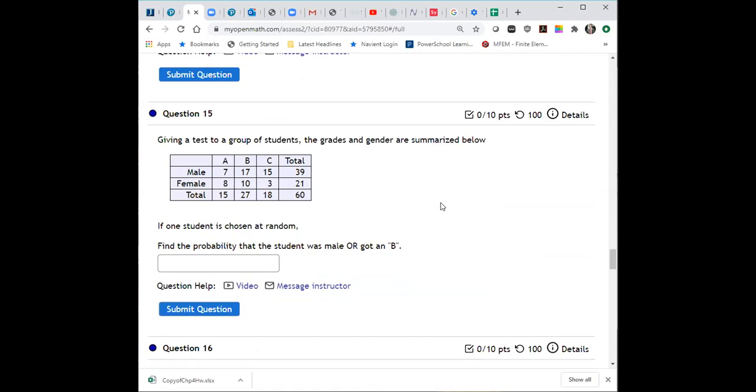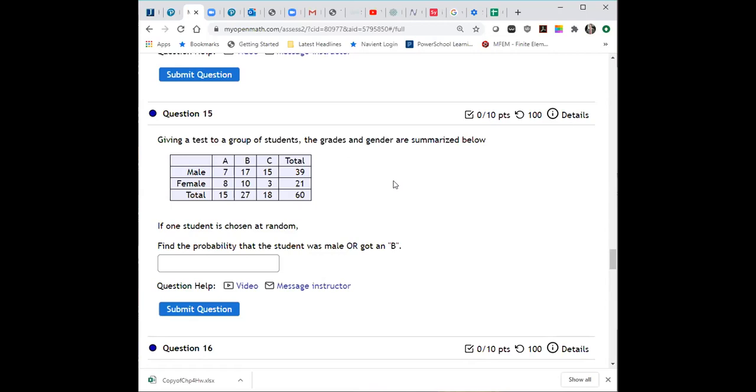This one uses the addition rule, but some of the events are not mutually exclusive, so you need to subtract the probability of male and code B. In this case, you can see here what you're looking for.